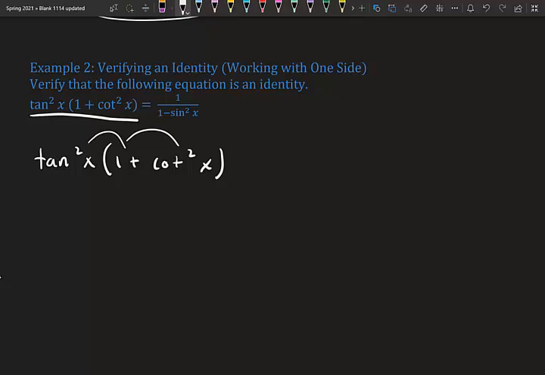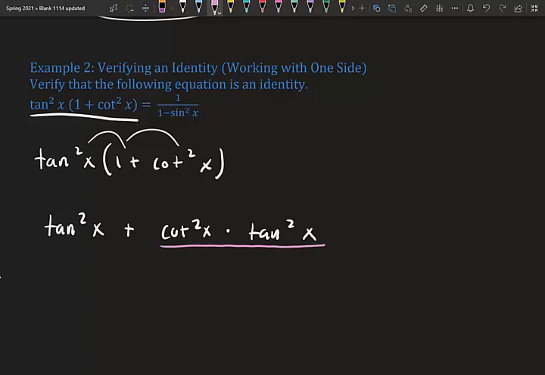So we have tangent squared x times 1, so that's tangent squared x. And then we have tangent squared x times cotangent squared x, so that's just cotangent squared x times tangent squared x. Let's see what we have. We have tangent squared x, that's just tangent squared x. Okay, good for that. But what about cotangent squared x and tangent squared x? Do you see anything there?